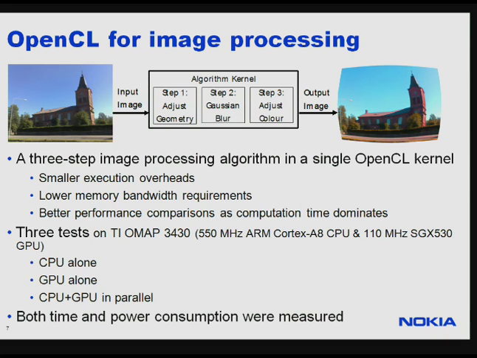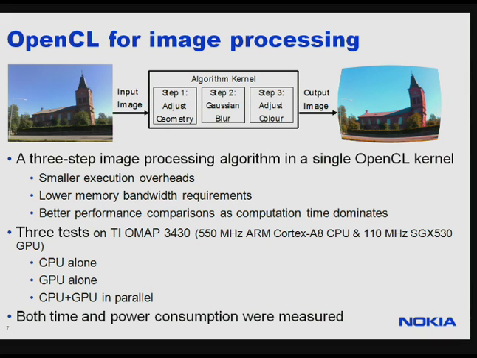First there's an adjust geometry part, then a Gaussian blur, and then adjusting the colors so that the colors of the neighboring images match better. You could implement these as 3 different kernels, but for these tests we implemented it as a single kernel that does all the steps, which makes the measurements more accurate.